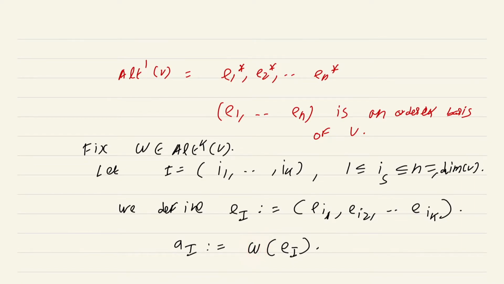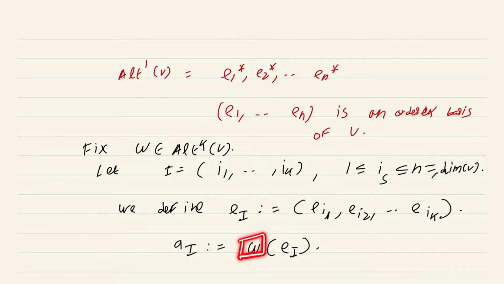I can determine omega by knowing these values a_I by using multilinearity and the alternating property. In fact, because of the alternating property, if there is some repetition in the index, this a_I is going to be anyway 0.